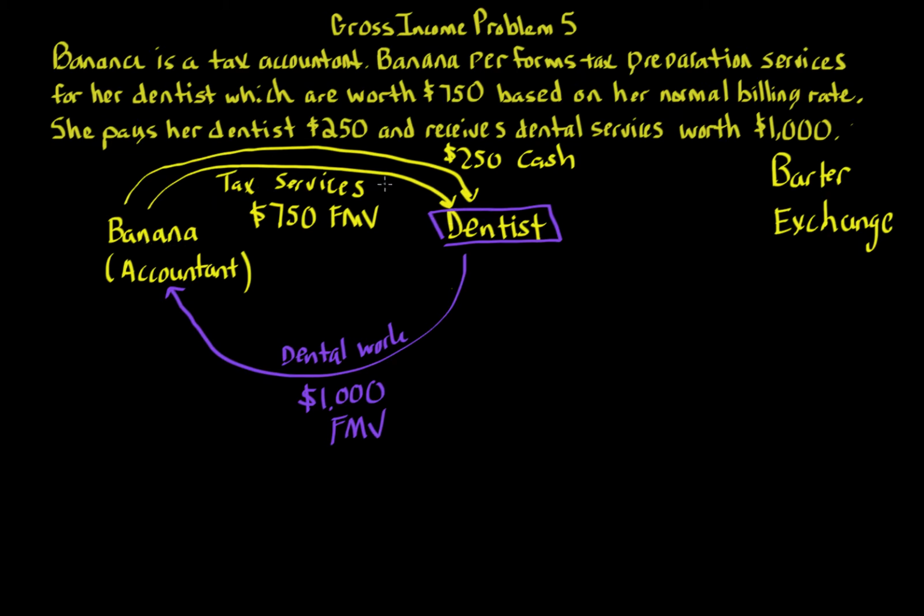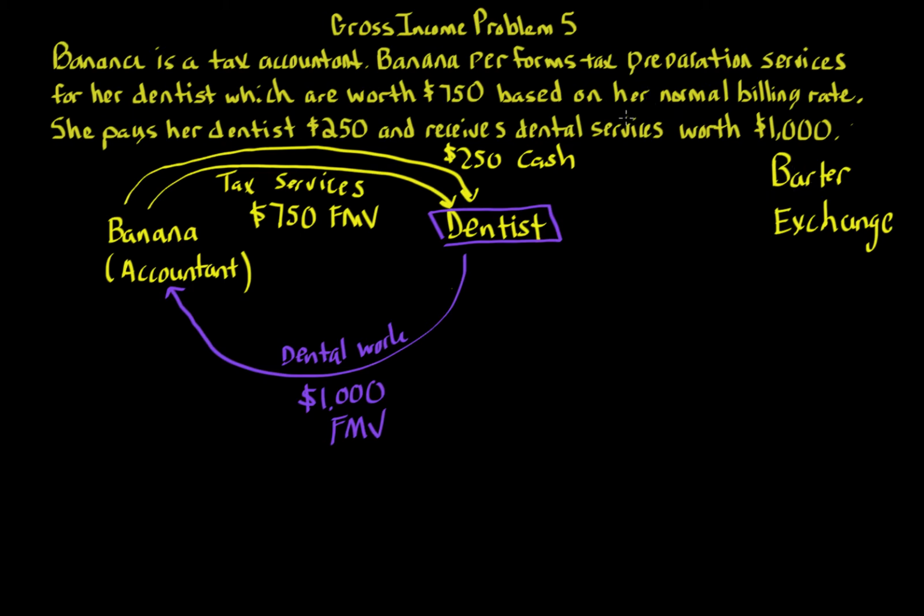So they're going to exchange services, but because the services don't exactly equal, Banana has to pay some cash to sweeten the pot and make things equal so that the dentist is fine with this transaction. That's why it's a barter exchange, because we have services, and there can be cash on one or both sides to make sure that it equals out. All right, so that's the idea there.